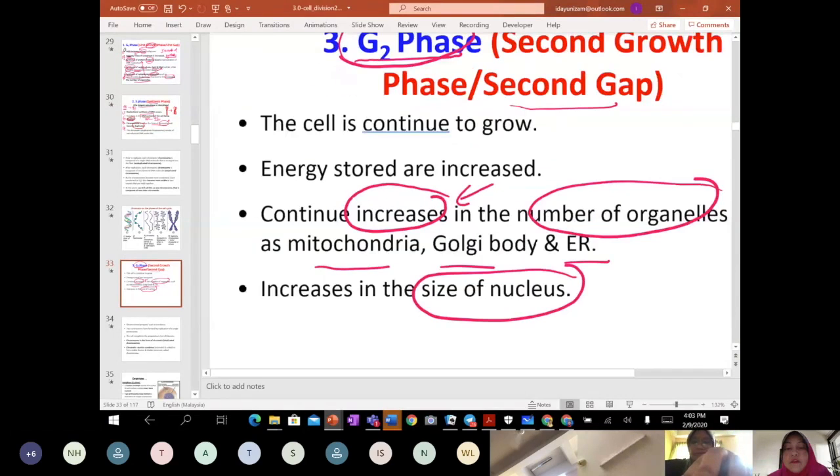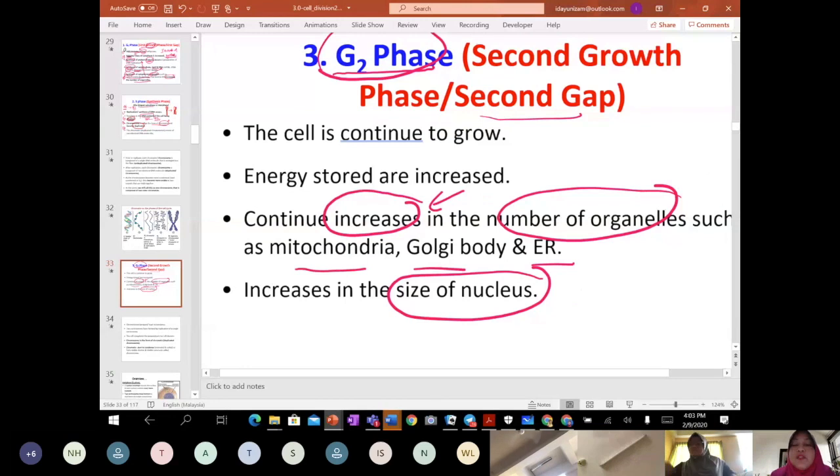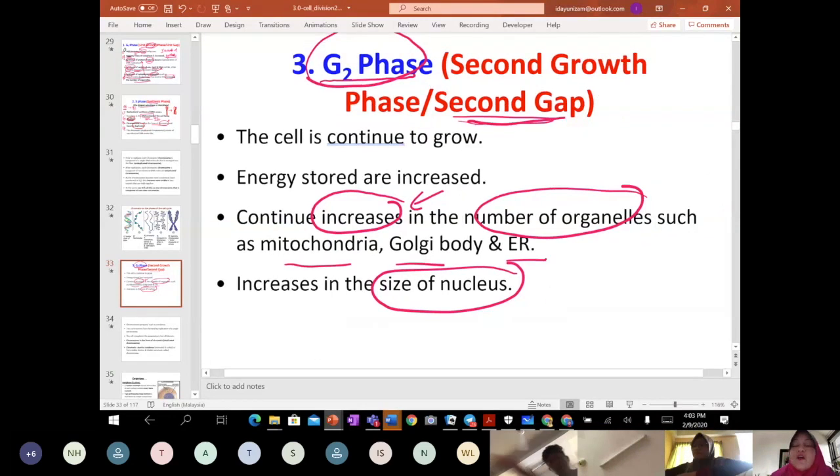Okay, so this is G2, right class? G2 phase means second gap. Before the chromosome divides, the G2 is the last phase in order to get ready for mitosis. So everything increases. Number of organelles increases, size increases, size of nucleus increases.